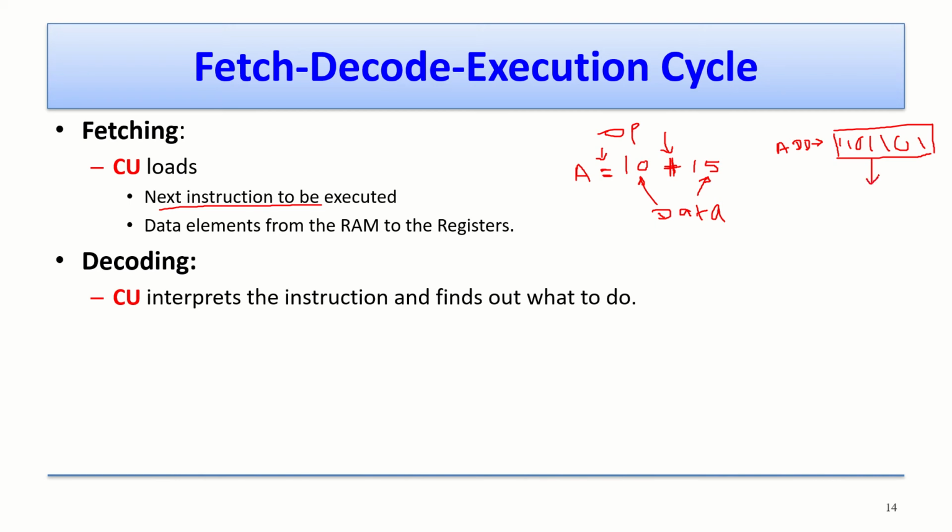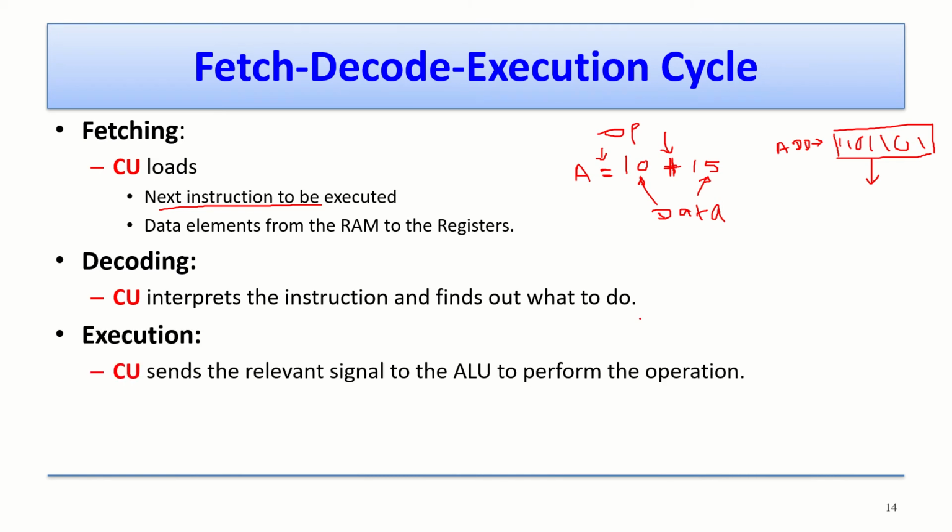This is adding, or in another case, maybe multiplication. Likewise, they interpret the instruction and find what to do. In the execution phase, they execute this instruction according to the interpretation.